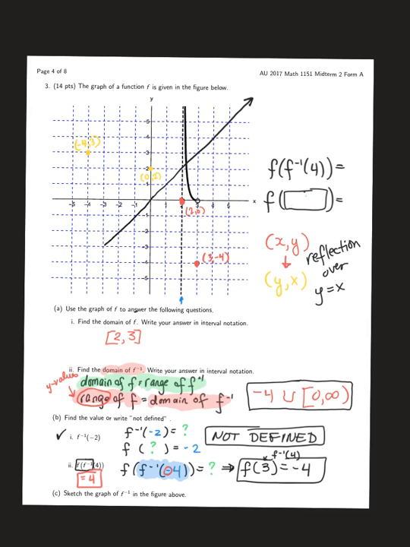So what we're doing here is reflecting these points over this line.